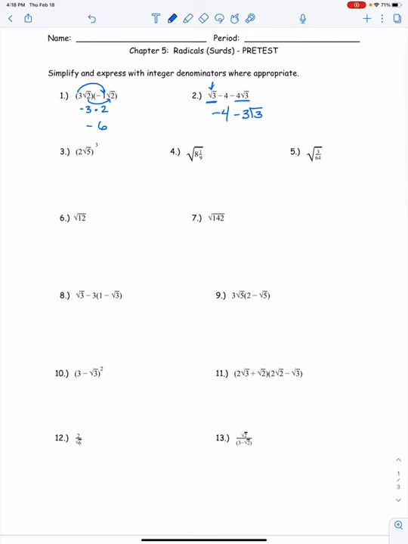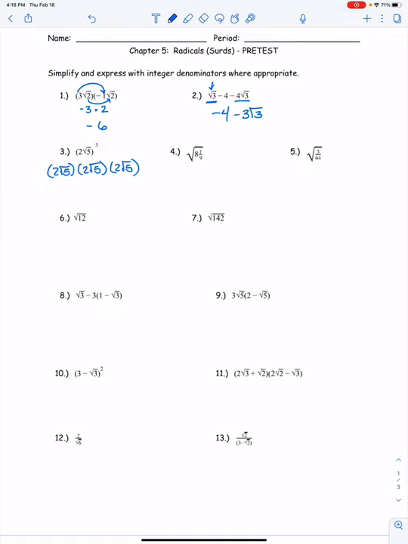Number 3 says that we want 2 square root of 5 raised to the third power. So this is going to mean 2 square root of 5 times 2 square root of 5 times 2 square root of 5. If you want to do this the long way, you can write it out like I just did.